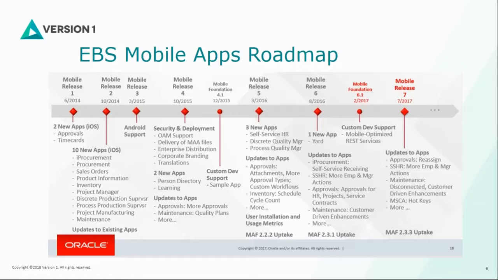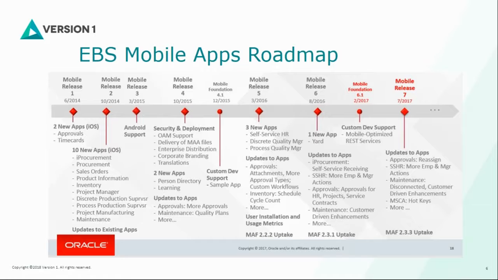In October 2015, we had enhancements around security and deployment, as well as the first of the HR-related apps. In December 2015, the mobile applications framework was made available for custom app development, which was a significant milestone.